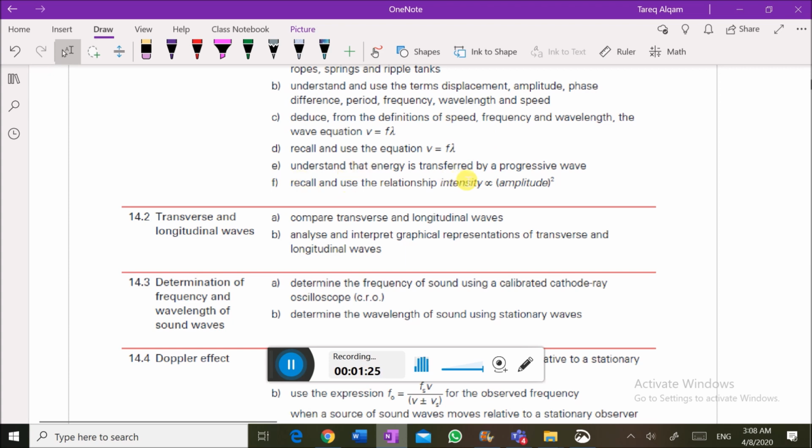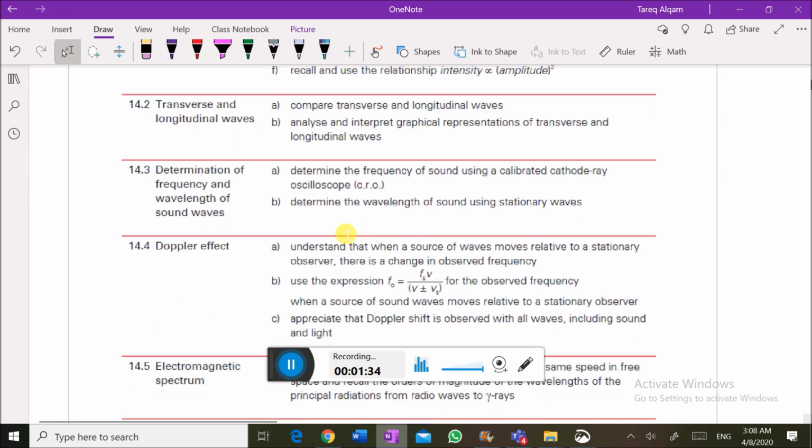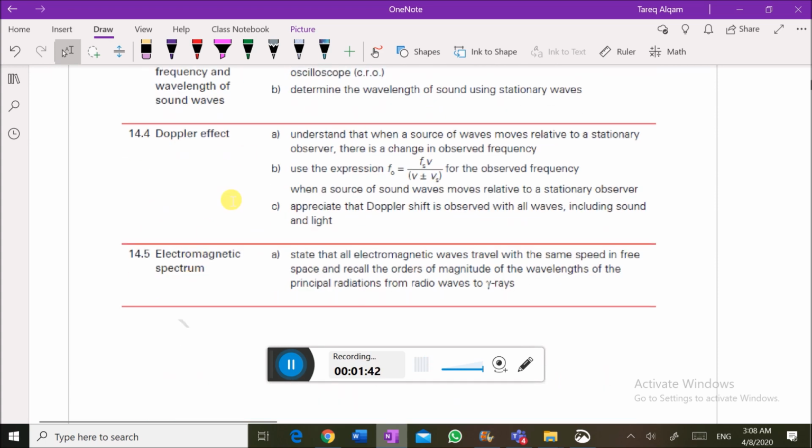Understand the energies transferred by progressive waves. Also recall and use the relation between intensity and amplitude. The second part is about transverse and longitudinal waves, the difference between them graphically and by definition. Determination of frequency and wavelength using cathode oscilloscope, Doppler effect, and electromagnetic spectrum. This is the first part, which is the basic variables of the waves.